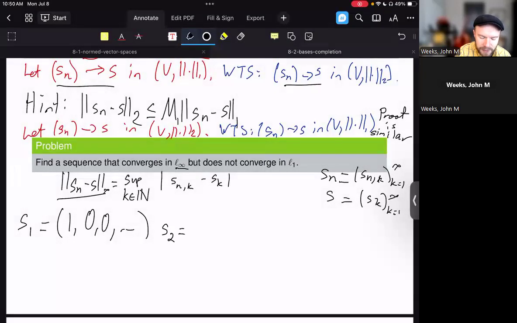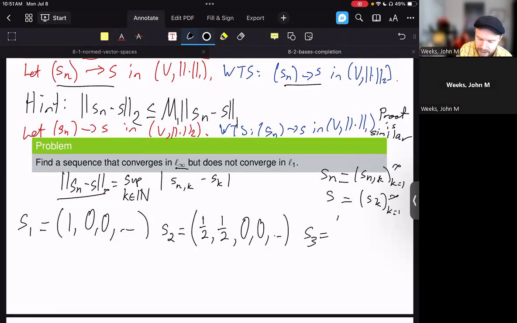What I'm going to do for this one, because remember last time what happened was we keep adding 1s, and so the distance between any two sequences ends up being very small or very large from each other. So here's how I'm going to change that. Instead of 1, 1, 0, I'm going to make it 1/2, 1/2, 0, 0. So the non-zero elements inside of the sequence are going to be divided by 2 as I go through and do this.